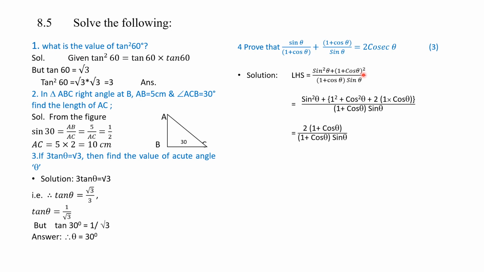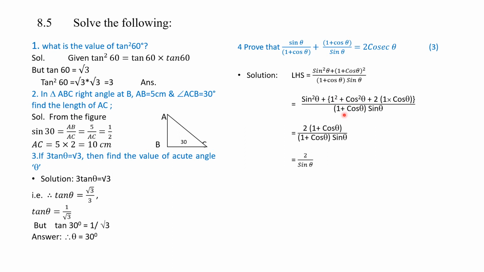We can write it as a square plus b square plus 2ab. Therefore, sin square theta as it is, a is 1 square, b is cos theta, plus cos square theta plus 2ab, 2 into 1 into cos theta, and denominator as it is.